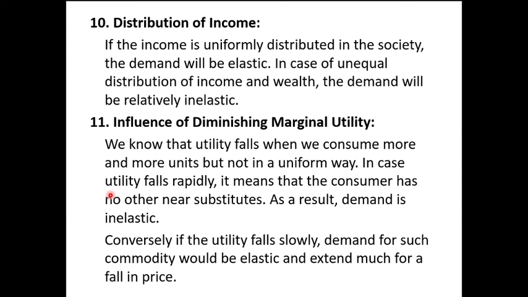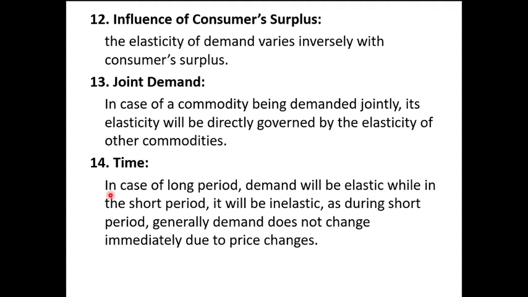As a result, demand is inelastic. Conversely, if the utility falls slowly, demand for such commodity would be elastic and extended much for fall in price. So, this is actually influence of diminishing marginal utility.